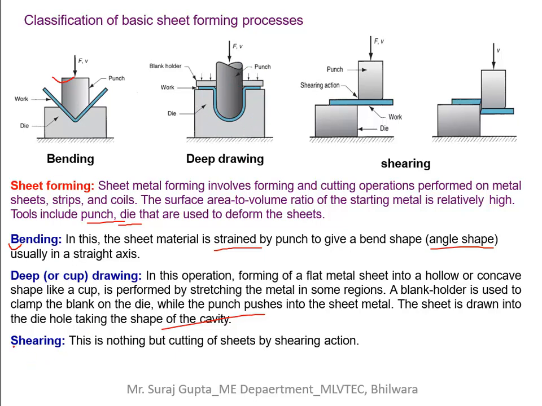Last is shearing. This is nothing but the cutting of sheets by shearing action. We can see that this location of the plate is under a shearing force. What is shearing force? Shearing force is the force which is parallel to the cross section area.